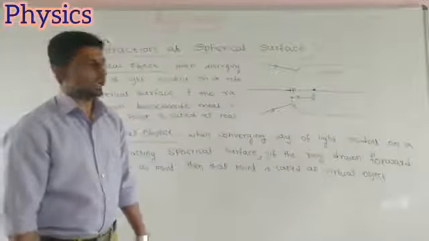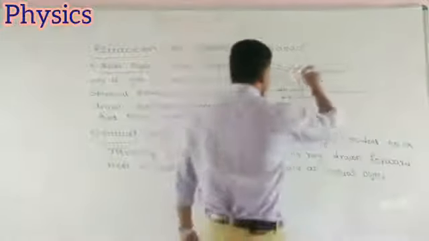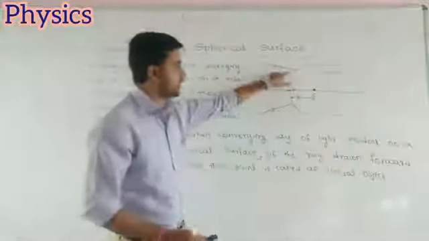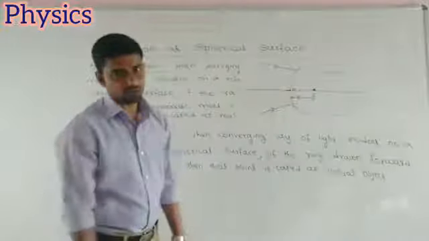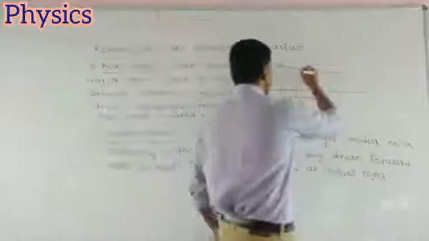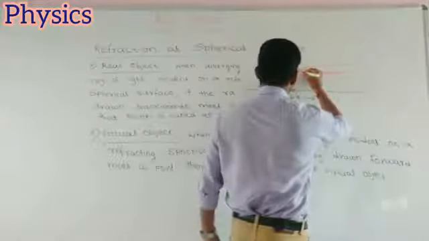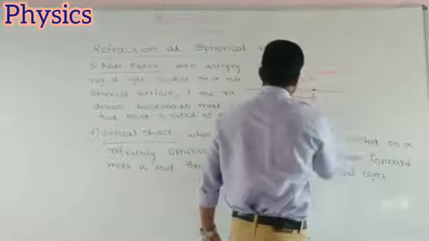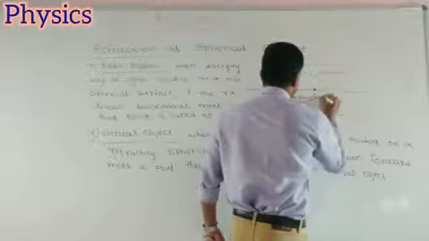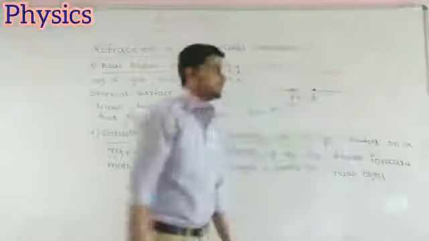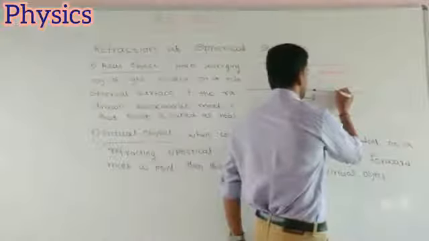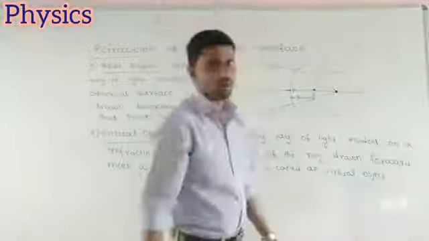ray of light. Suppose these two rays of light hit this refracting surface, and suppose I draw these rays of light forward, then these two rays of light meet at some point on this principal axis.